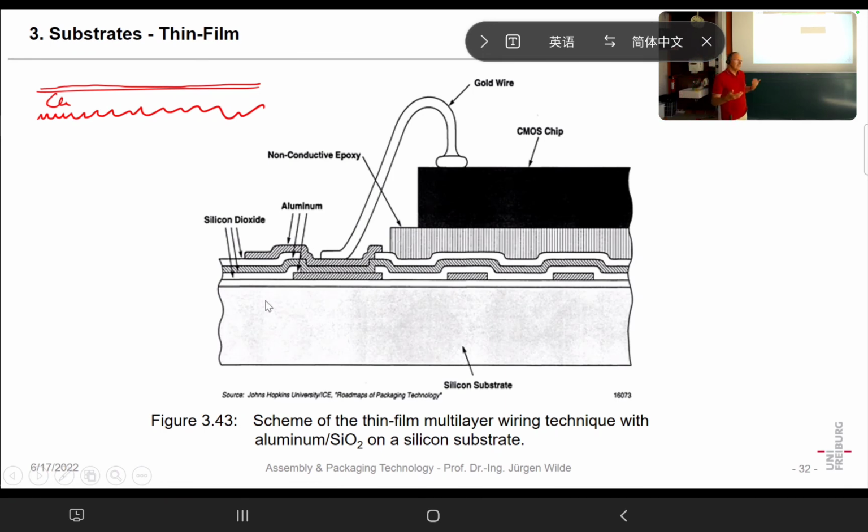Again, that's also a disadvantage because such silicon dioxide layers cannot be made as thick as you want to have them. Typically, they are also only one to maybe several micrometers thin.